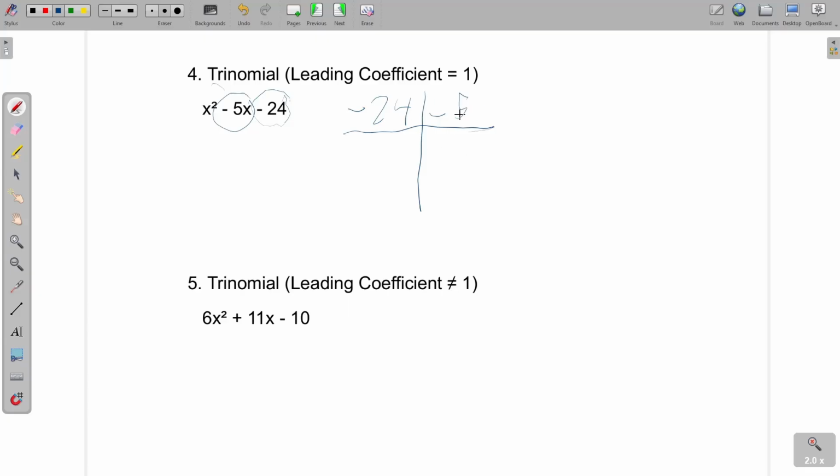Now, in this scenario, where we have a negative product, it's going to be one positive, one negative. So that's a good thing that's going to help us, because we know that's going to be the scenario. So we'll go, what's maybe potentially more realistic?